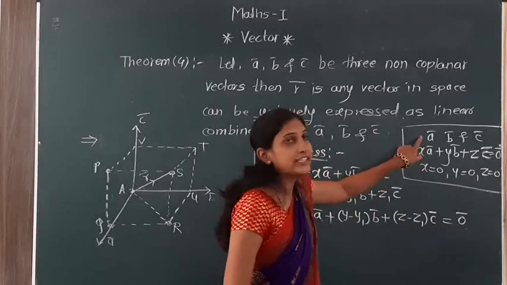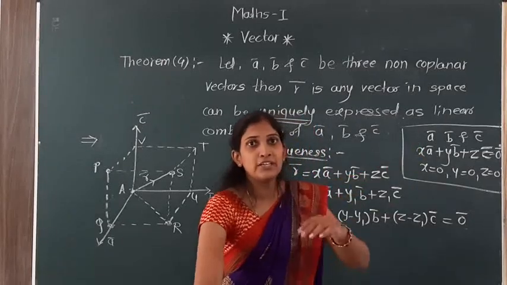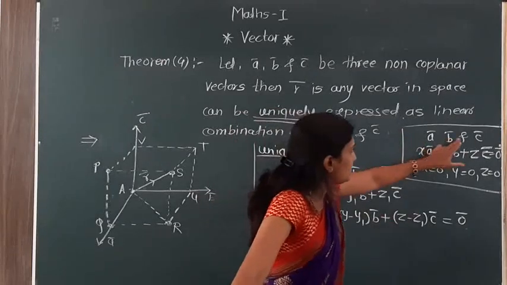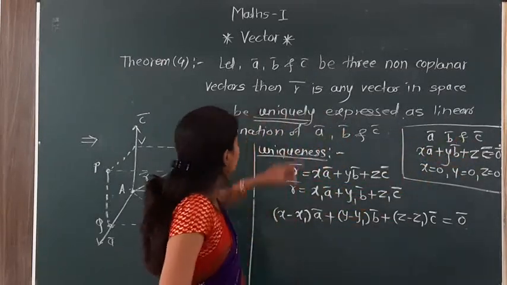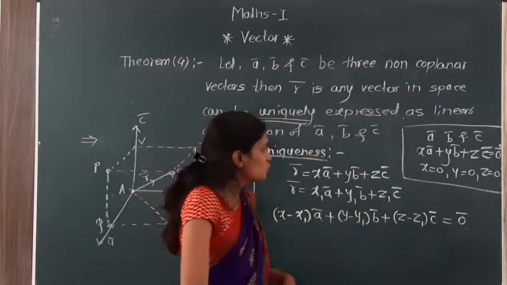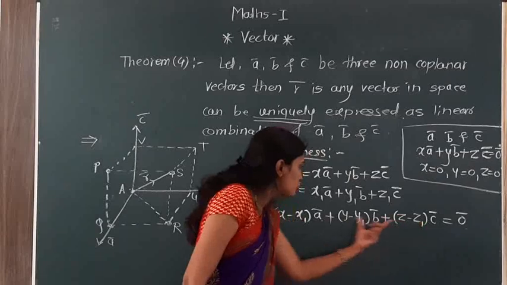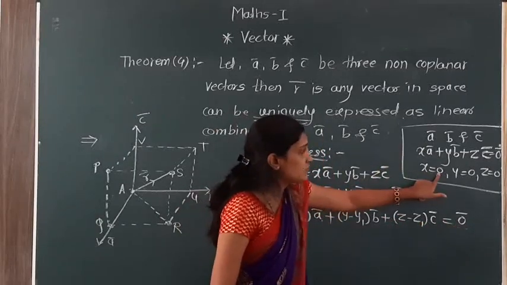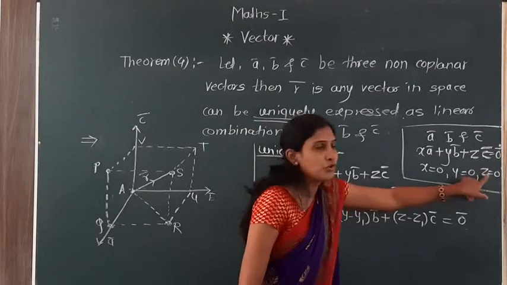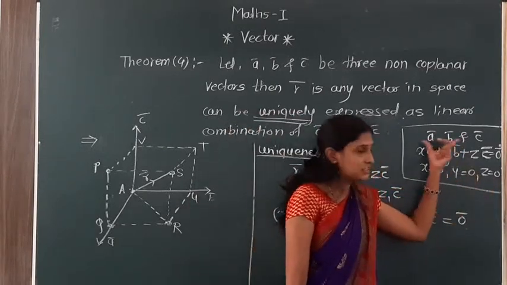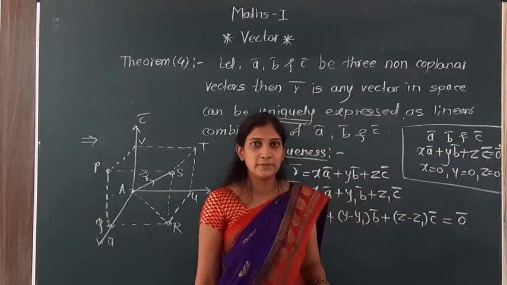Here A bar, B bar, C bar are also non-coplanar vectors, and here also we have a linear combination equal to zero. So the scalars are equal to 0.